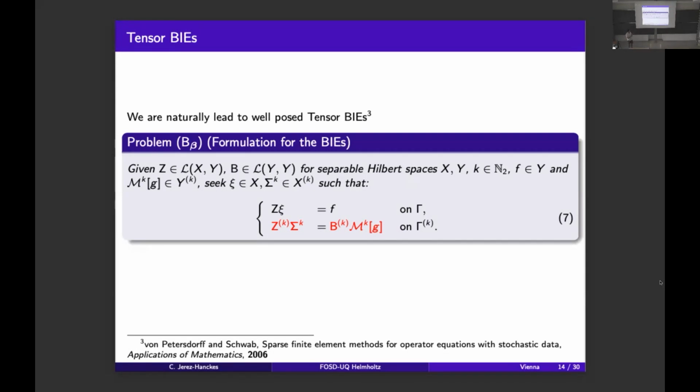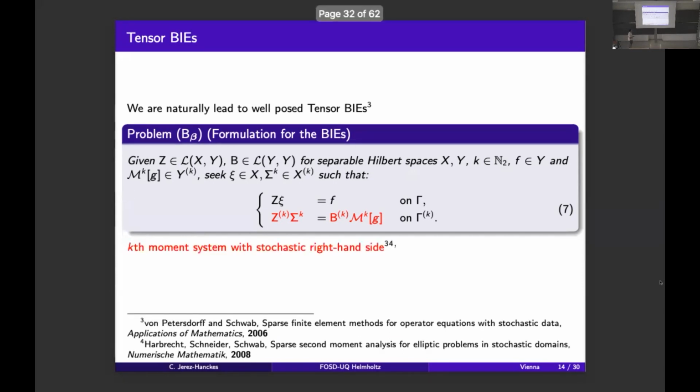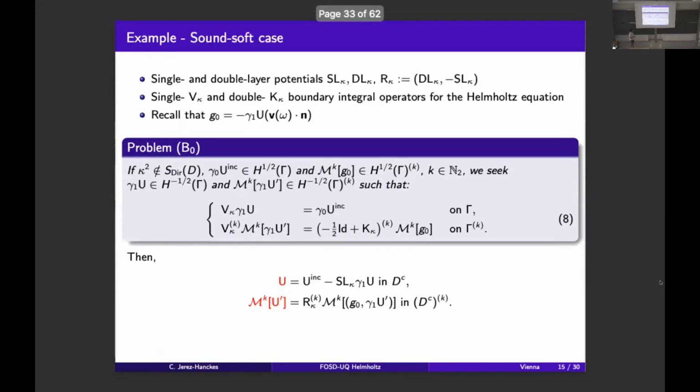You have here your tensorization of the boundary operator applied to the kth moment of G, and then you have a tensorization of the Z, which would be either the weakly singular, the hypersingular, or some boundary integral operator, depending on the problem or the formulation you choose to solve the problem. You have the kth moment system with stochastic right-hand side.